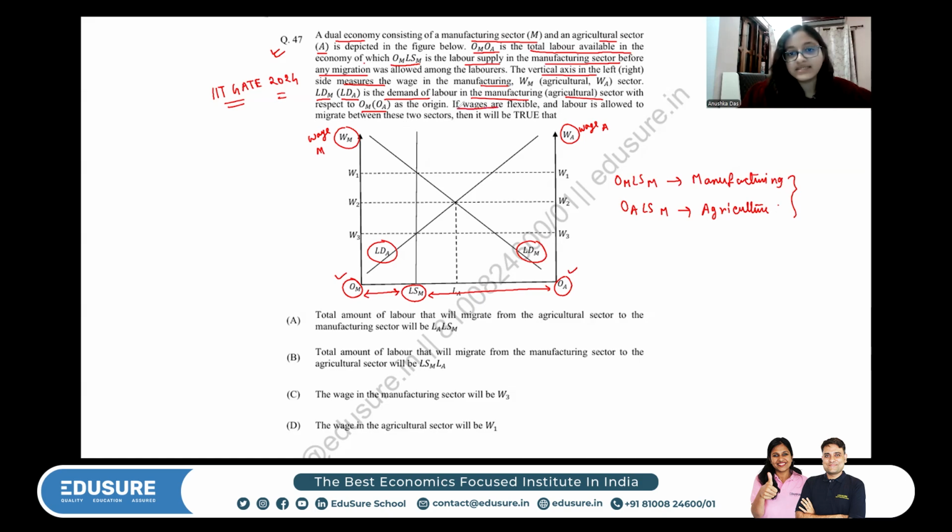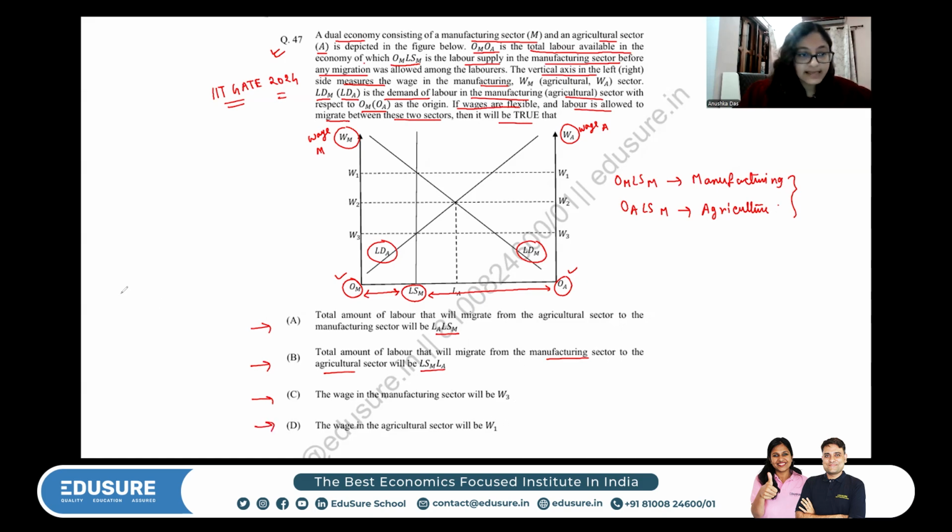Now it says if the wage is flexible and labor is allowed to migrate between these two sectors, then what will be true? So going by the options: the total amount of labor that will migrate from agriculture to manufacturing sector is this. The total amount of labor that will migrate from manufacturing to agricultural sector will be this. The wage in the manufacturing sector will be W3, or the wage in the agricultural sector will be W1.